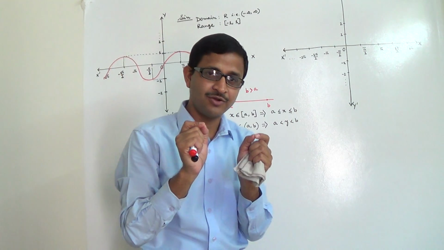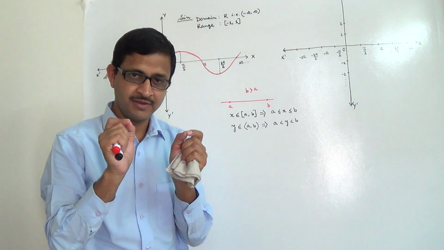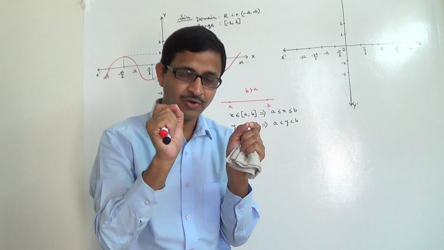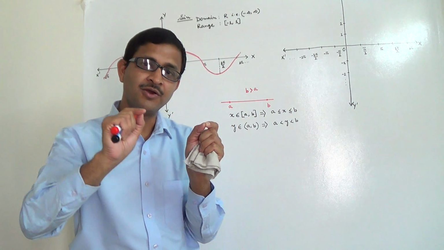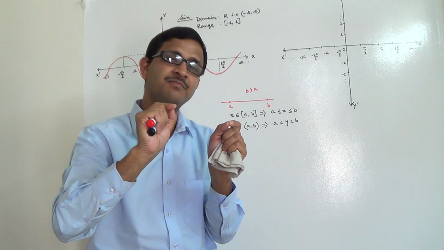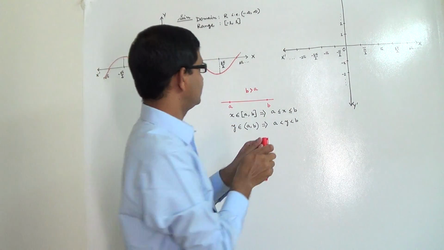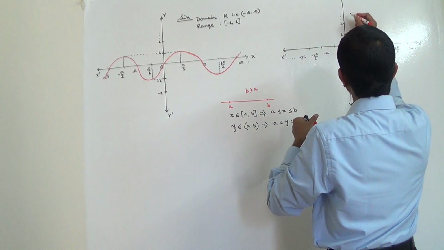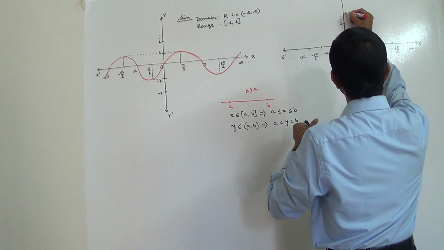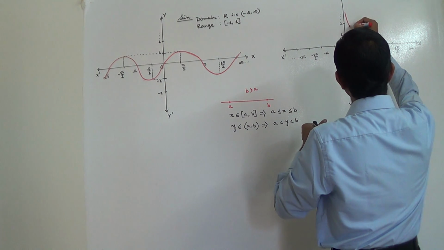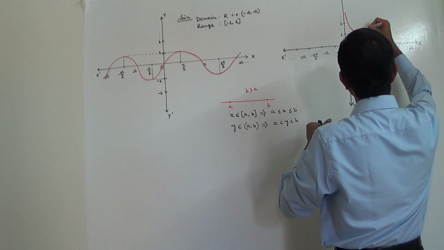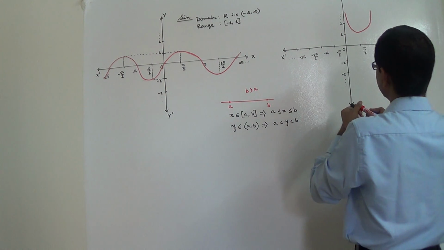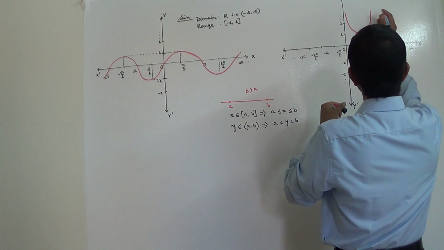So we really cannot reach the point 0 or pi when we draw the graphical representation of cosec x. So what does it look like? It will look like this. This is the point pi.